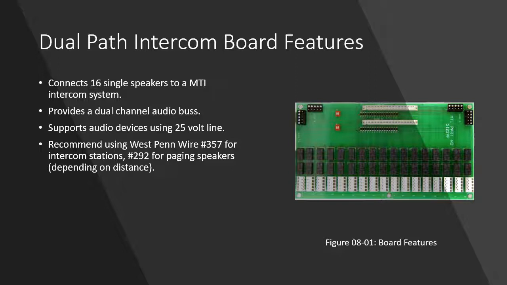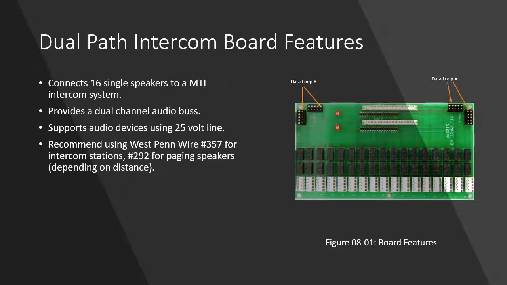As with the 81129, this board supports 25-volt line audio devices, and we recommend using the same types of wiring, West Penn number 357 for the intercom staff stations, and number 292 for the paging speakers and audio bus.